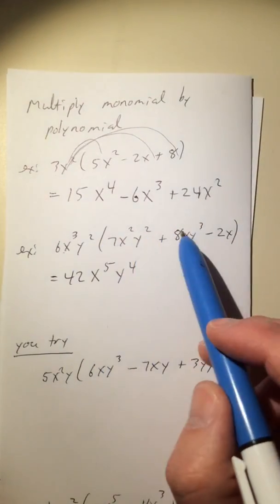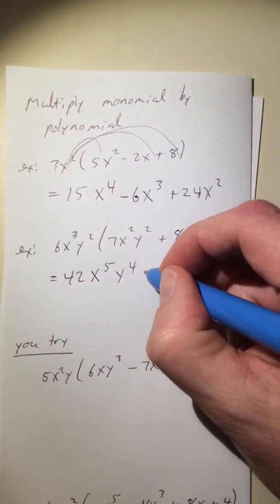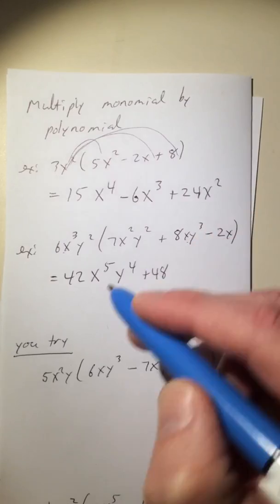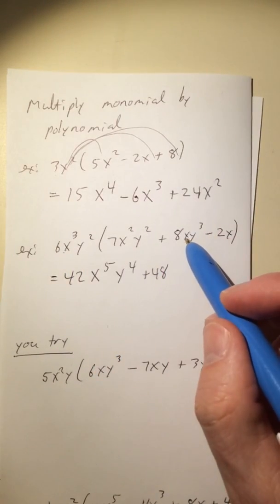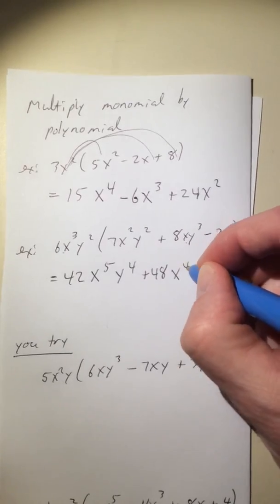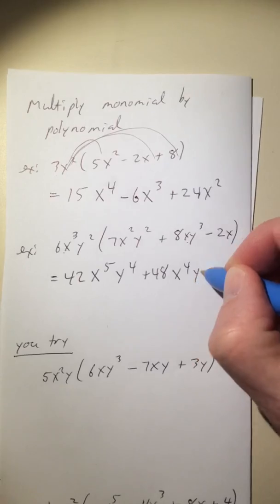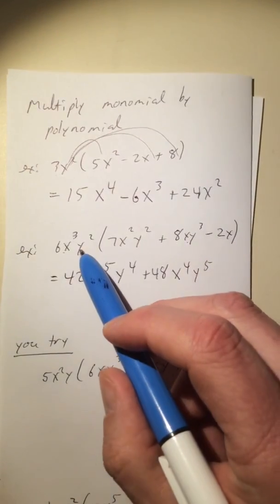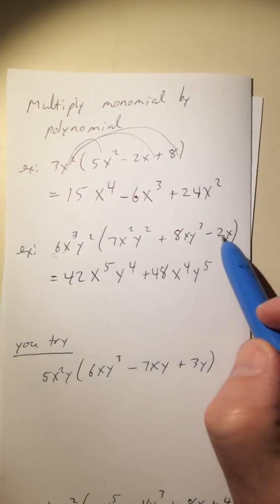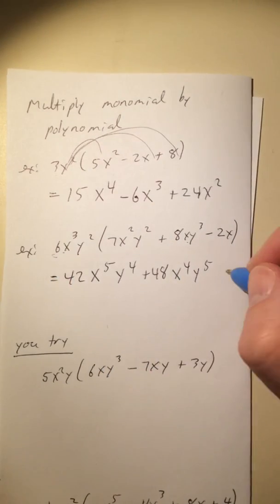Then we do the same thing over here with the 8x y cubed. So 6 times 8 is 48. X cubed times x to the 1st, remember that's the 1st, is x to the 4th. And y squared times y cubed is y to the 5th. And then we have the last term. So we're going to multiply 6 times -2 is -12.